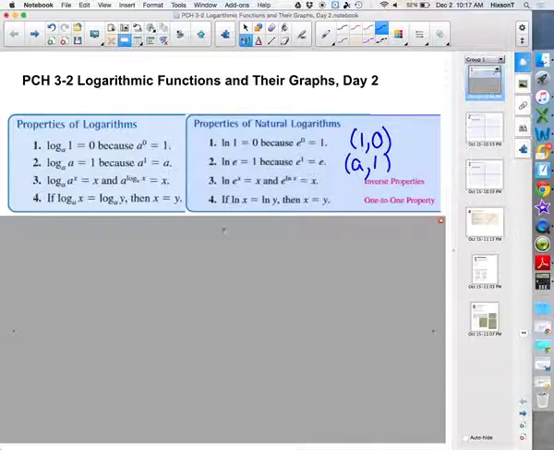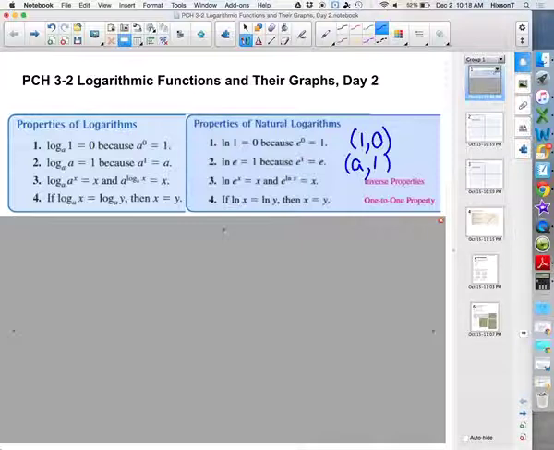Yes. 1. Alright? So right there, guys, you should be able to get 2 points on your graph really easily. Now we can get other points as well.